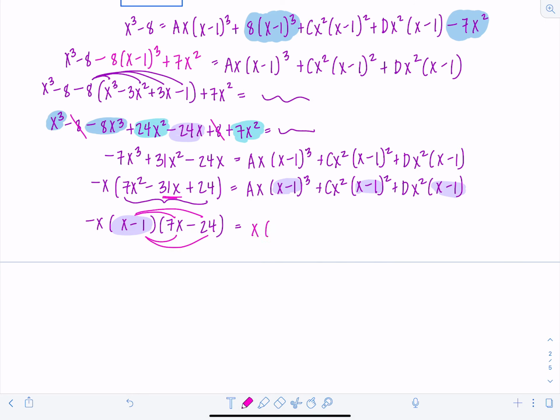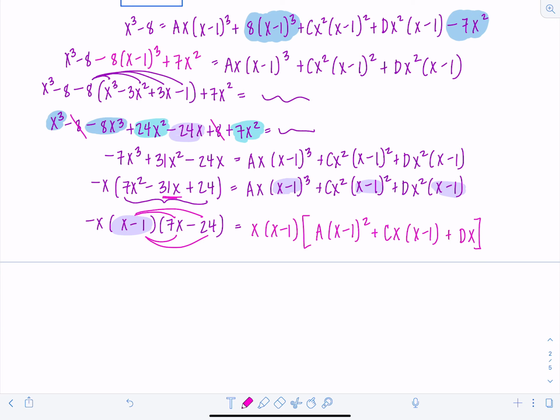So if I take out an x and an x minus 1, then I have a times x minus 1 squared plus cx times x minus 1 plus dx. That's it, because we took out an x and an x minus 1.